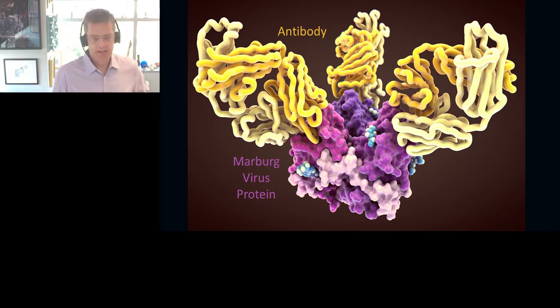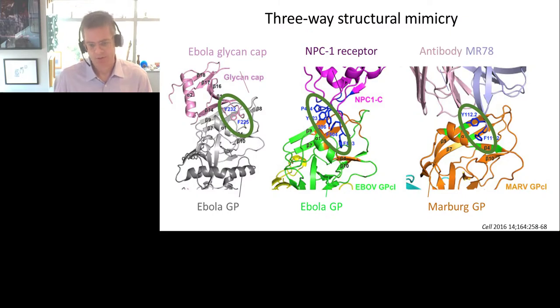And furthermore, it's very interesting if you look at the receptor binding domain at high resolution. These are 3 structures that George Gao put into a Cell paper, and on the right is the structure that we did with Erica of the Marburg antibody in complex with Marburg glycoprotein in orange on the bottom. And what we could see was there were aromatic residues on the antibody that reached down and interacted with aromatic residues on the Marburg glycoprotein.